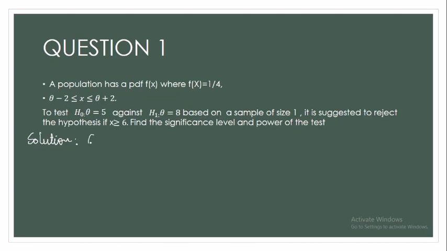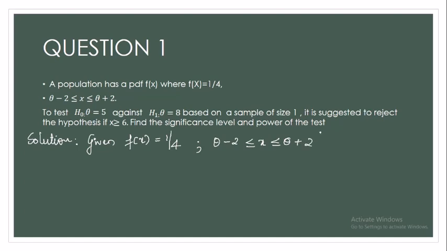Now we are given the PDF, that is f of x, which is equal to 1 by 4. We are also given the range of x, that is theta minus 2 is less than or equal to x less than or equal to theta plus 2.